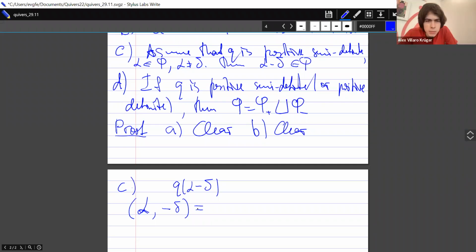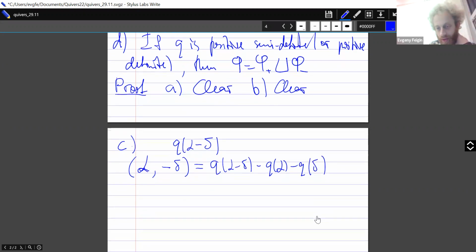It is Q of their sum minus Q of alpha minus Q of minus delta. Yes, minus delta, but Q of minus delta is Q of delta because it's a quadratic form.